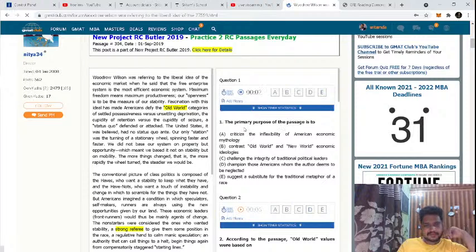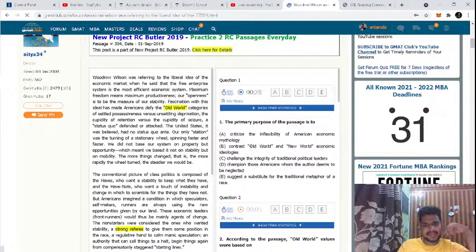The primary purpose of the passage is to criticize the inflexibility of American economic mythology, contrast the old world versus new world economic ideologies, challenge the integrity of traditional political leaders? No, we are not talking about the political leaders at all. Champion those Americans whom the author deems to be neglected? No, that's just a part of it. That's just the end of it. Suggest a substitute? He is not suggesting any substitute.